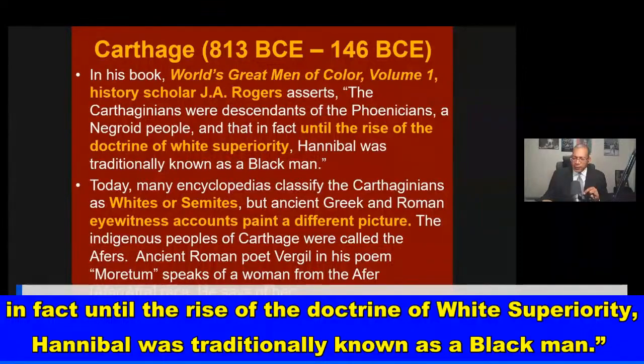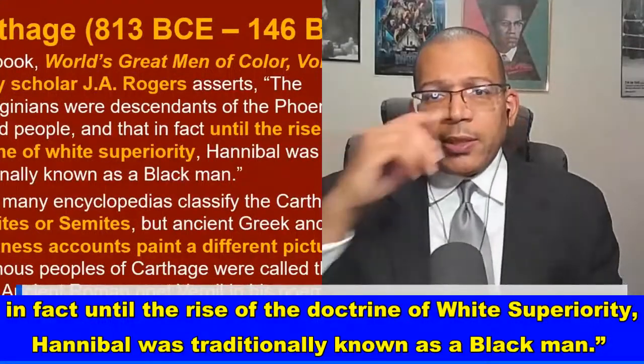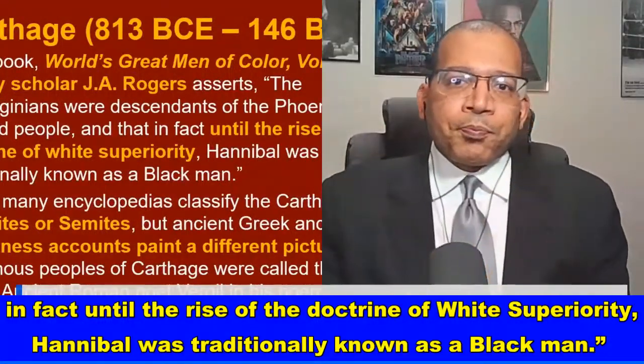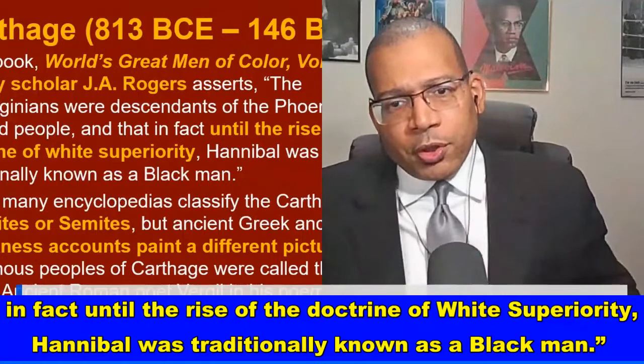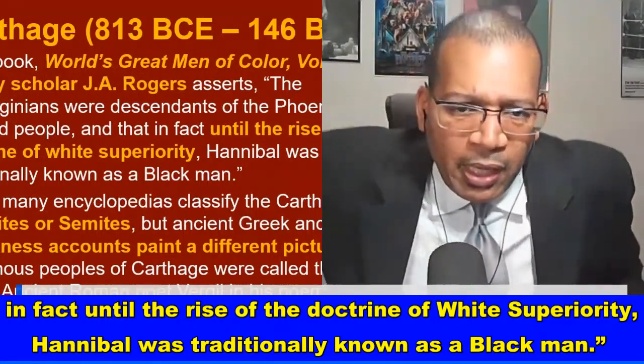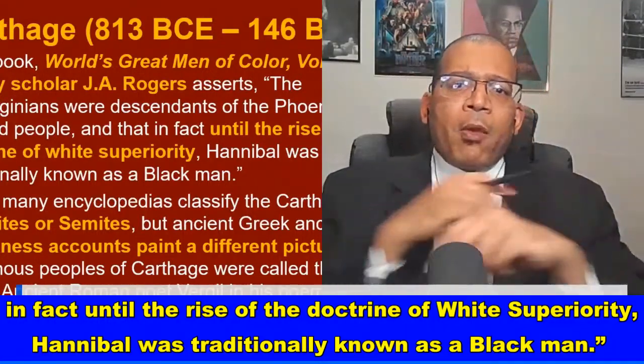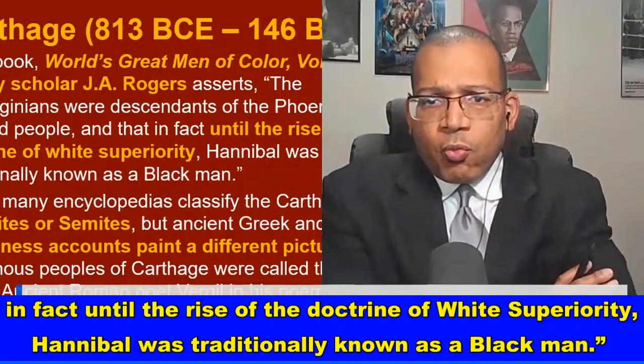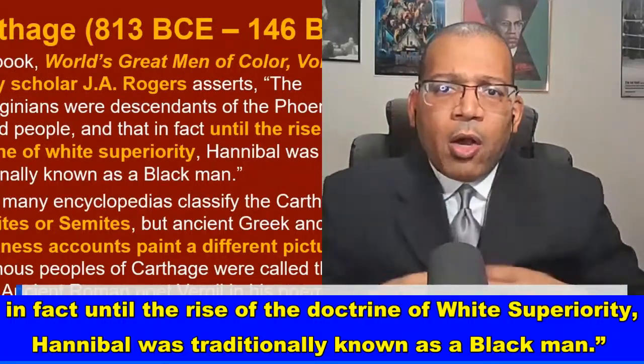It dealt with 700 years of invasions in the Roman Empire, leading to the fall of the western portion of the Roman Empire in 476 AD, when the Vandals and the Visigoths crushed it.